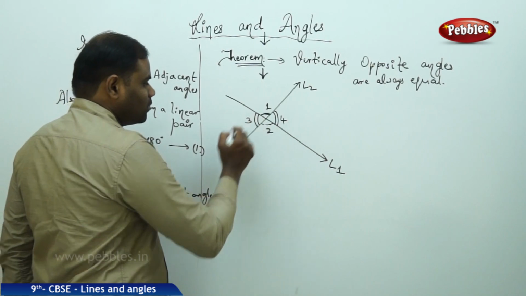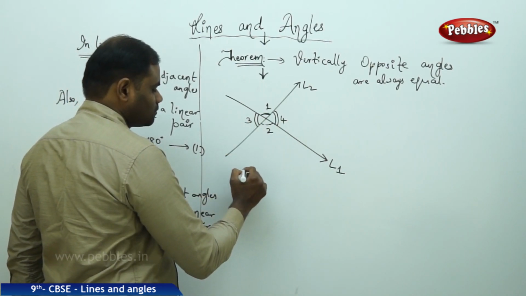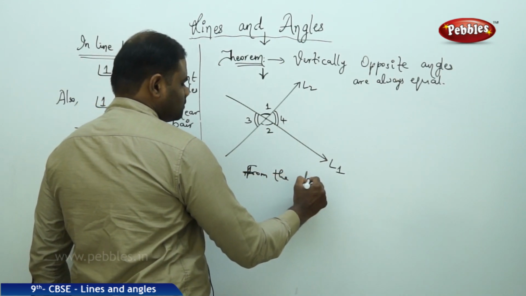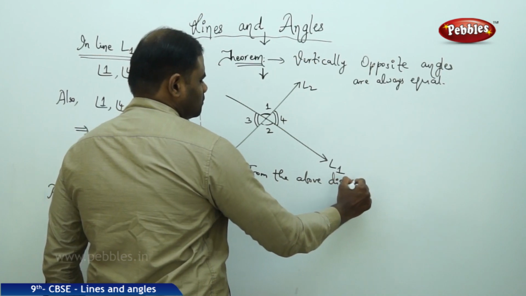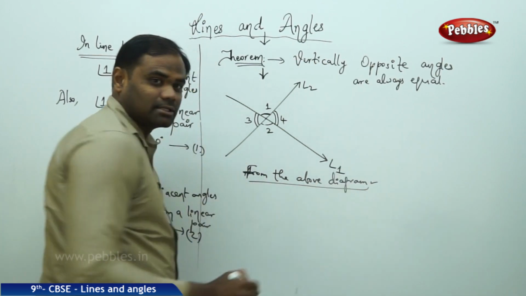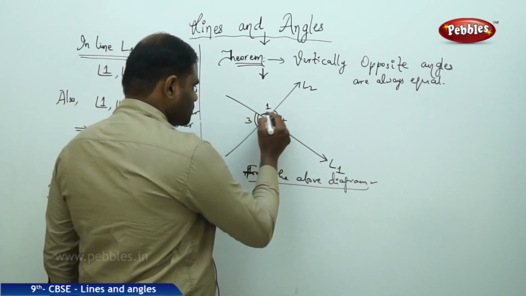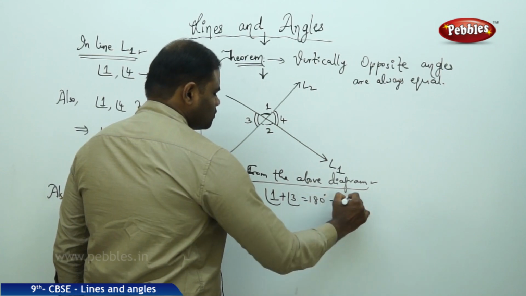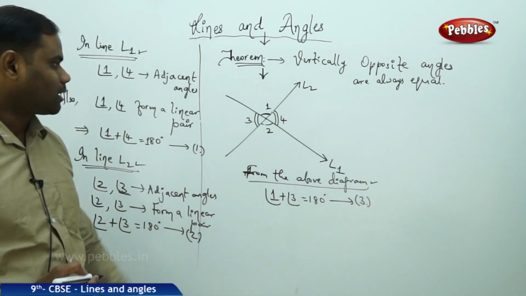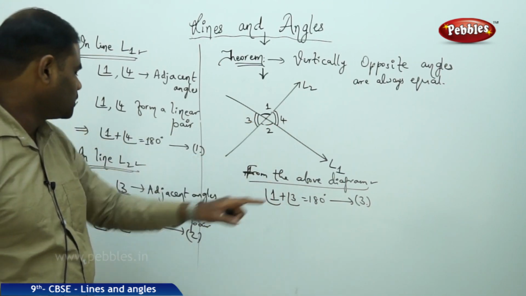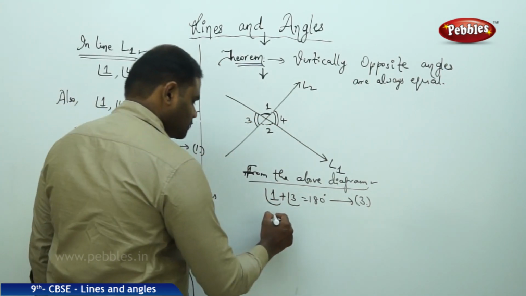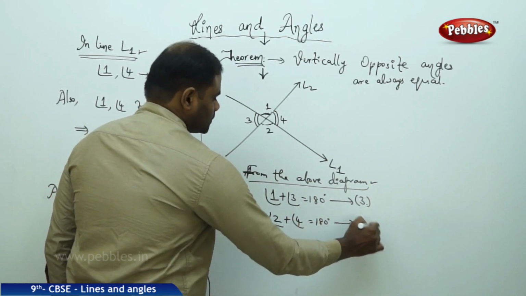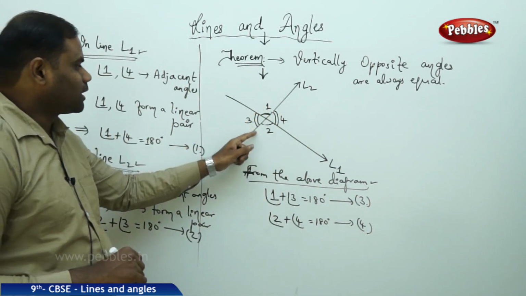Similarly, when I take angle 1 and 3 from the above diagram, angle 1 plus angle 3 is also equal to 180 degrees, and angle 2 plus angle 4 is also equal to 180 degrees, because this is a straight line and this is a straight line.